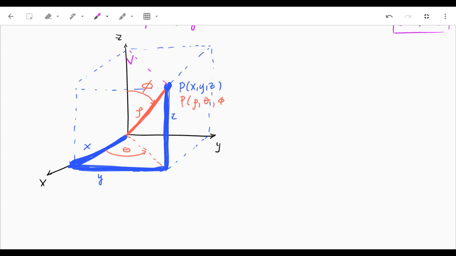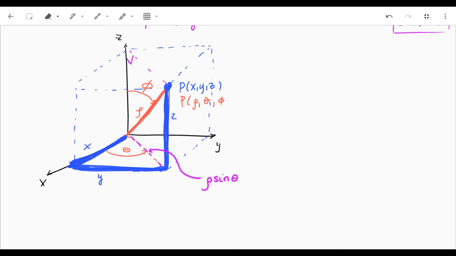Rho is the hypotenuse of a right triangle. Sine phi would give you opposite. So that's also going to give you this distance down here. So this piece right here would be rho sine phi.